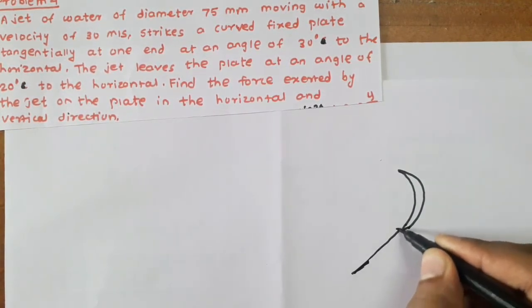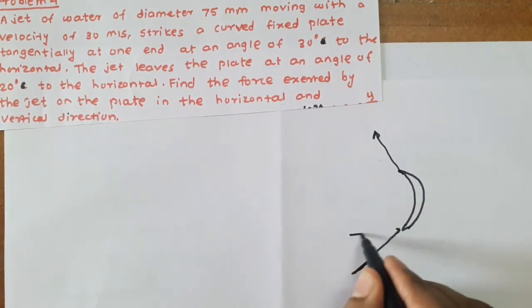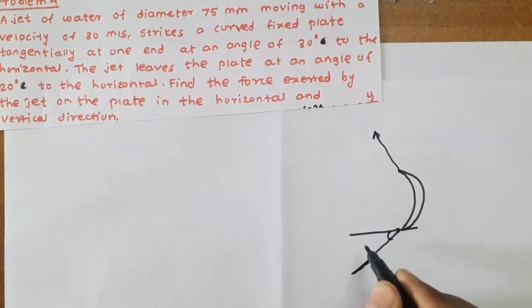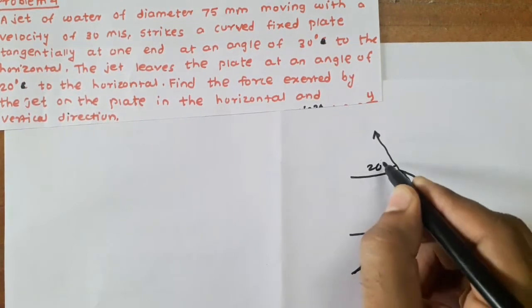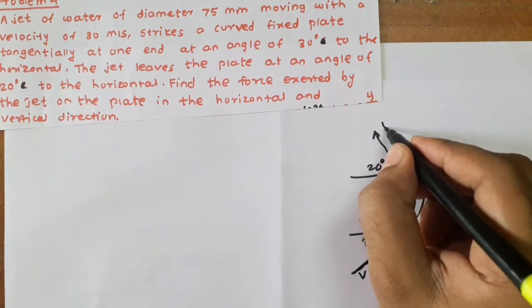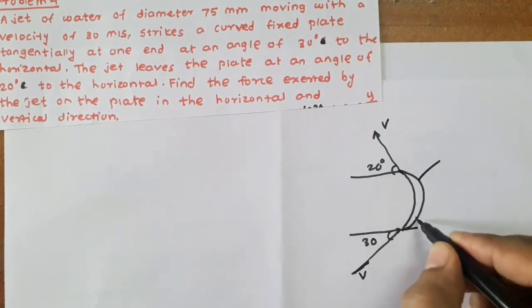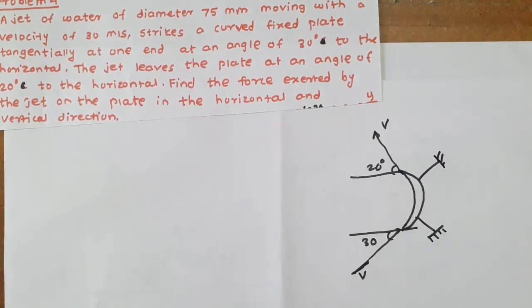The jet comes in tangentially and it leaves again tangentially. The tip angle with horizontal is 30 and the outlet blade tip angle is 20 degrees. This is the incoming velocity, and this is our exit velocity v. Again the inner surface of the plate is smooth, so there are no frictional losses.